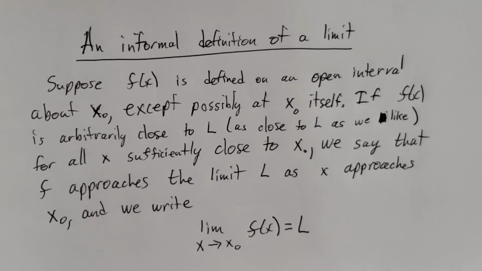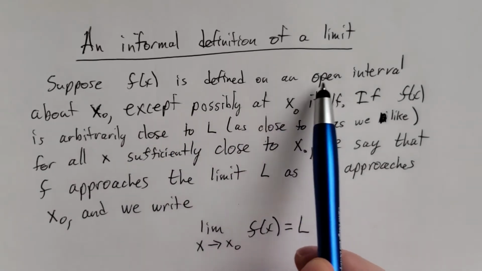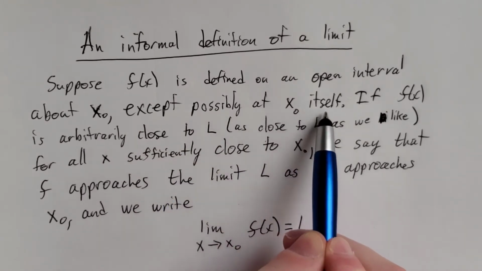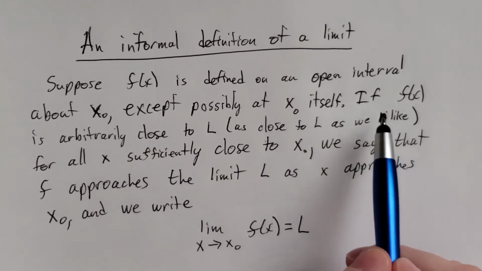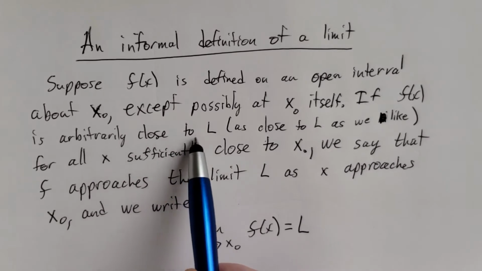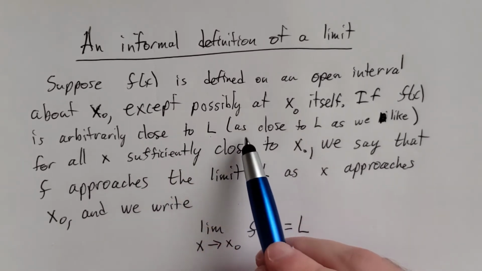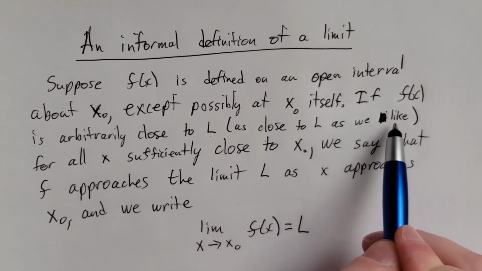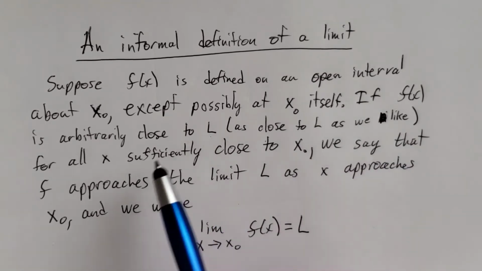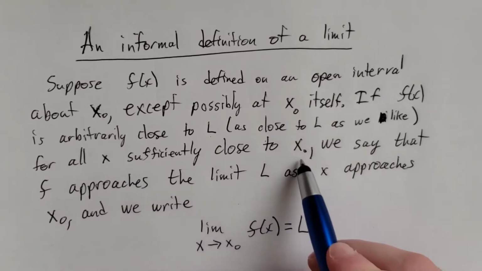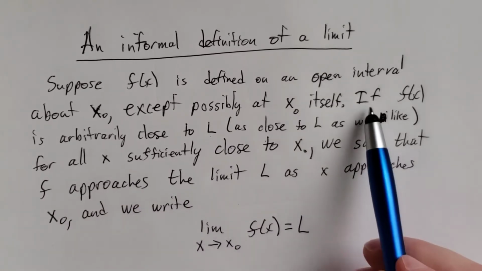All right, so suppose f of x is defined on an open interval about x naught, except possibly at x naught itself. Then if f of x is arbitrarily close to L, what does that mean? That means that we can get it as close to L as we like for all x sufficiently close to x naught. Let's read that again.